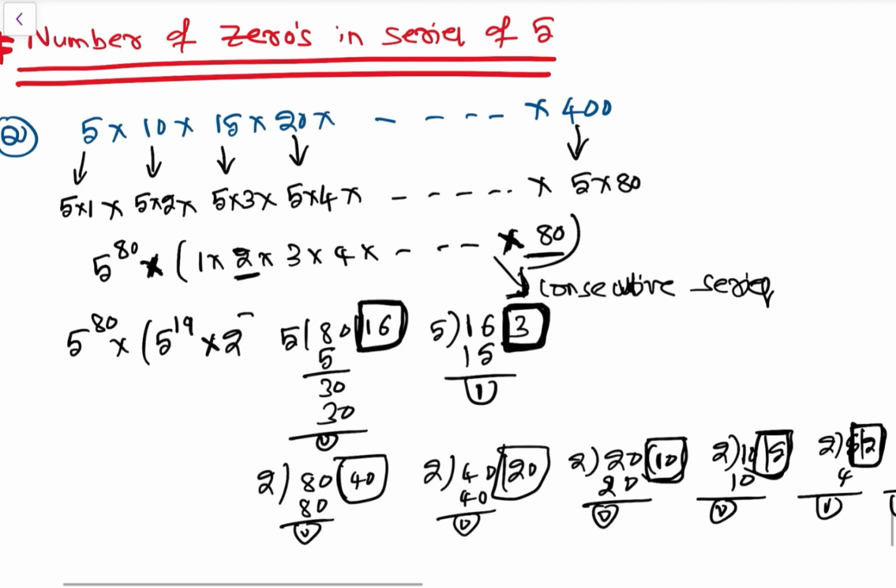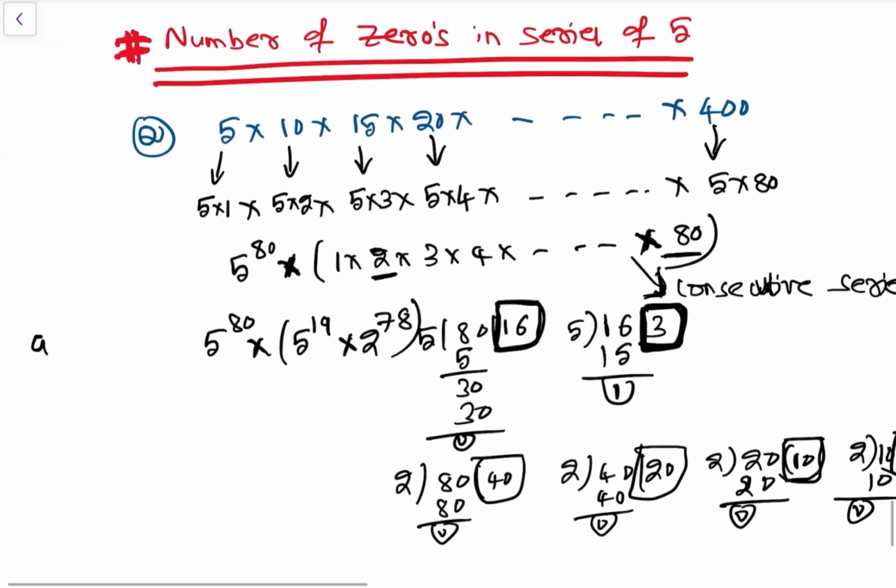So 2 to the power 78. So now we got 5 to the power 99, and we know the formula, a to the power m into a to the power n is equal to a to the power m plus n. So 5 to the power 80 plus 19 is 5 to the power 99 into 2 to the power 78.